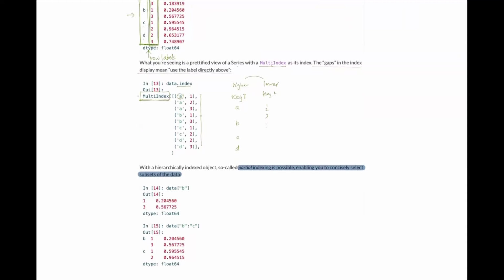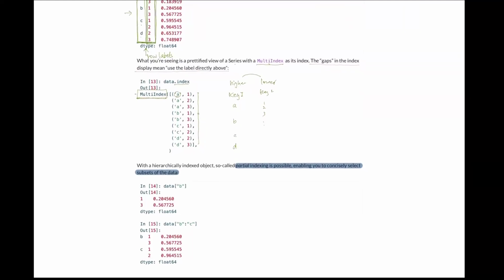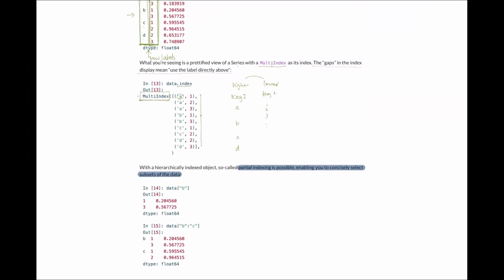We can also extract data by using what is called partial indexing. For example, when we select B in the data, it only shows the B values. B has keys 1 and 2, so we can get the values under the B category.